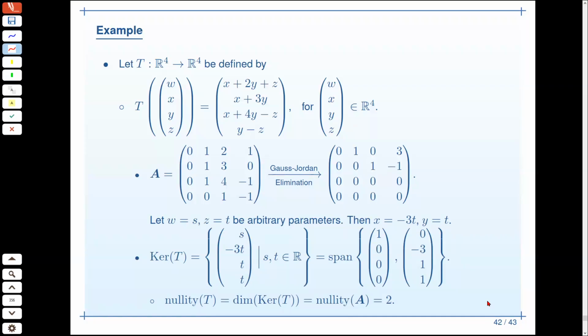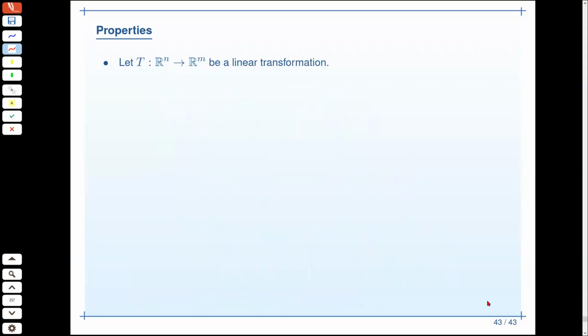Okay, just one more remark. Some properties to summarize. I hope it's not rushed, actually. It's just related to the matrix. Once we get the standard matrix, changing the linear transformation to the matrix, then everything is known. So suppose T is a linear transformation.